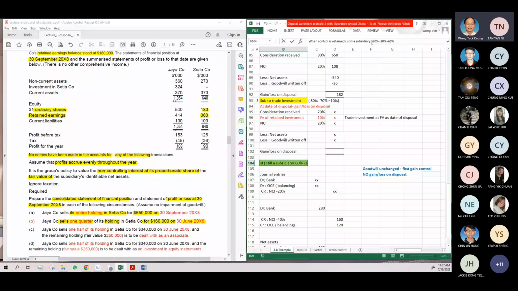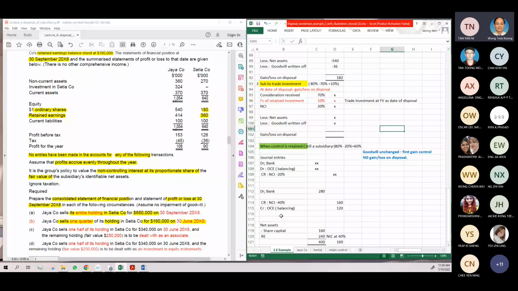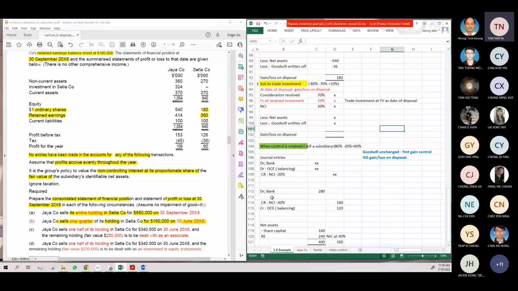So that means goodwill is unchanged from when you first gained control. No gain, loss, or disposal. So you just pass down this entry. They say sold 160,000, so you change it to 160,000.